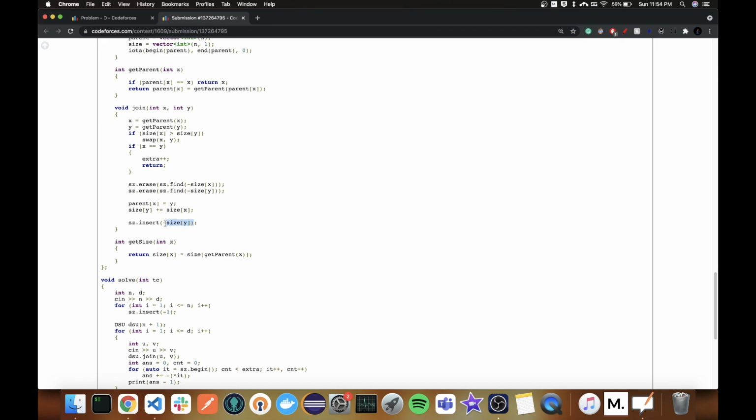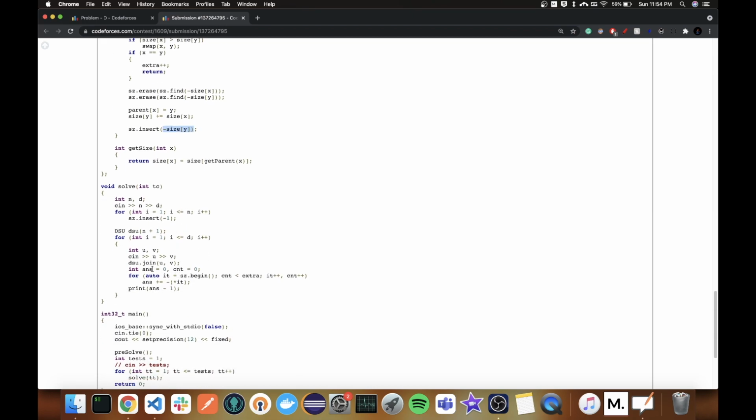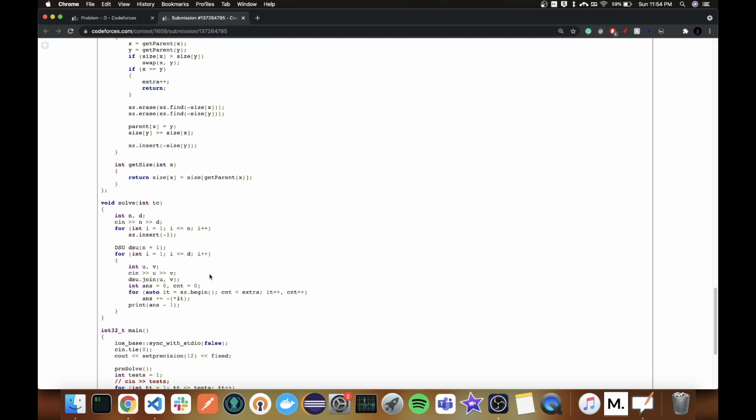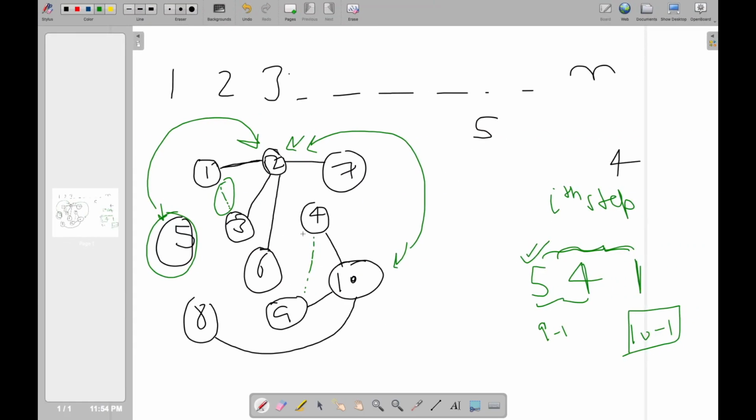Now after doing the join function, I need to calculate the sum of extra plus one element connected components, right? Because if I had 0 extra, I can use only one component, the first component. If I had 1 extra, I use 2 components.